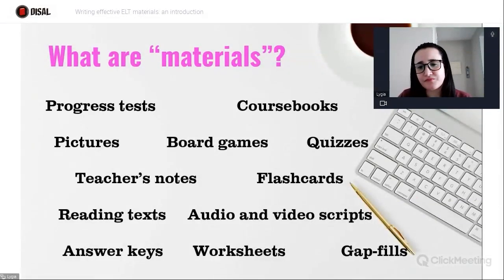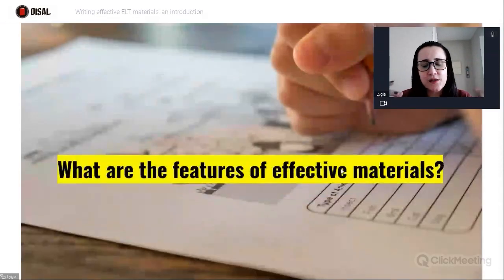So now that we've mentioned some examples of materials and how they can be classified, let's think about materials that we enjoy using in our lessons. And based on that, let's think about this question here. What are the features of effective materials?